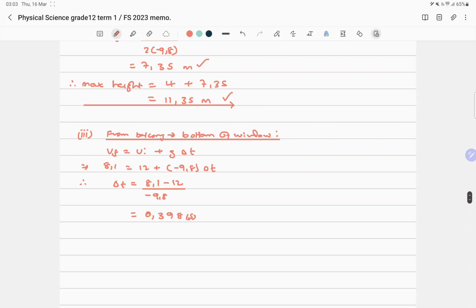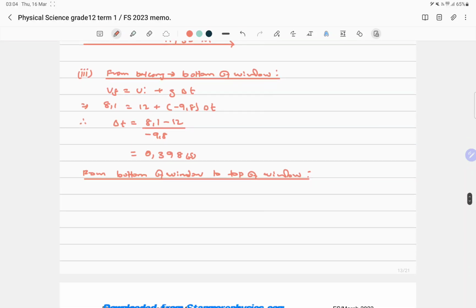Okay, that's the one. And then we can say now from bottom of window to top of window, we know that we can use here delta y equals the initial velocity times delta t plus half g delta t squared.